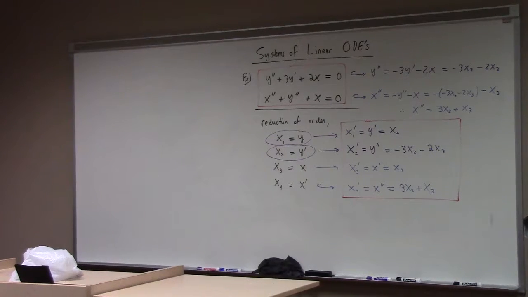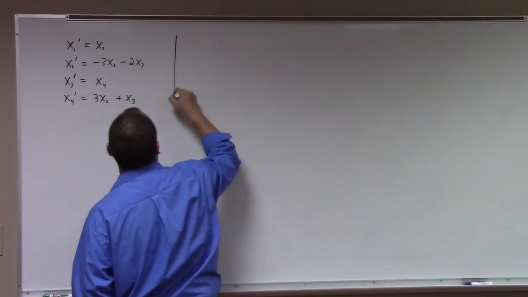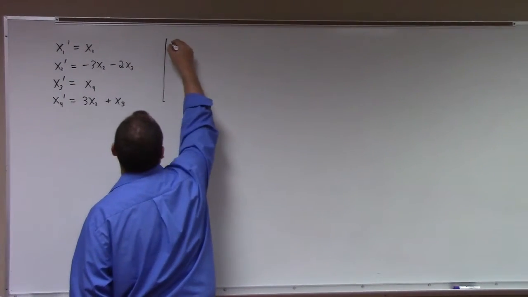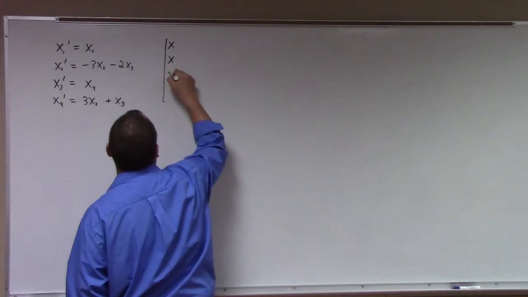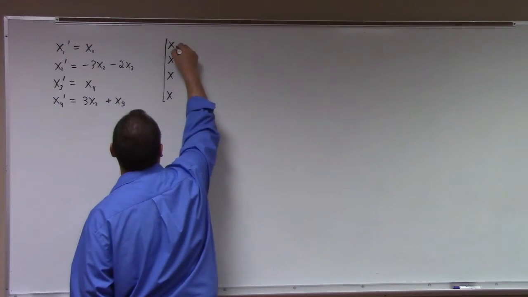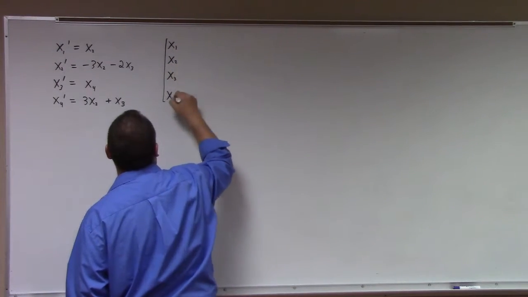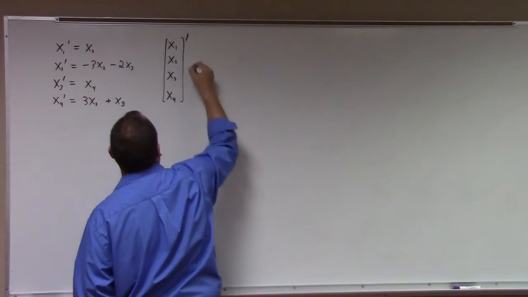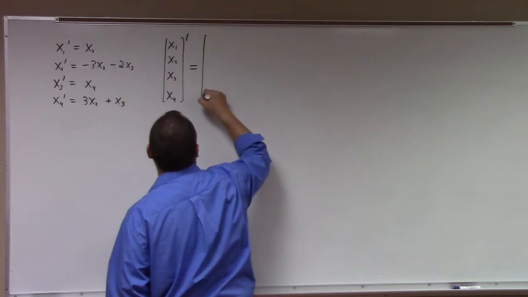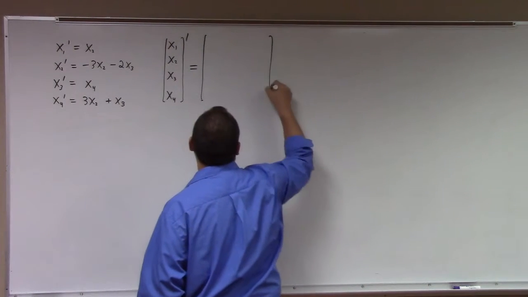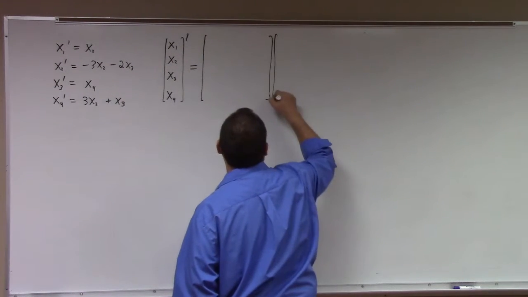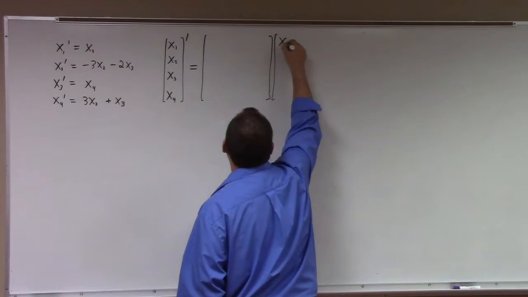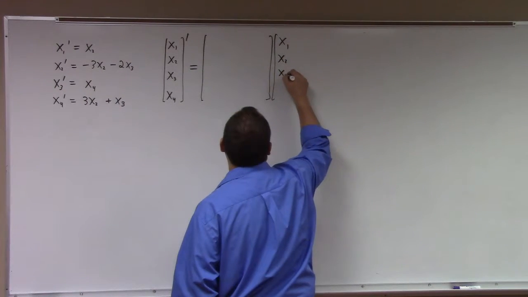All right, so what I wanted to do was to introduce you to the matrix notation. So we could rewrite this scalar system of equations as a corresponding matrix system. And here's how we do it. x1, x2, x3, x4. The derivative of this column of functions is equal to a particular matrix times the unknown functions x1, x2, x3, and x4.